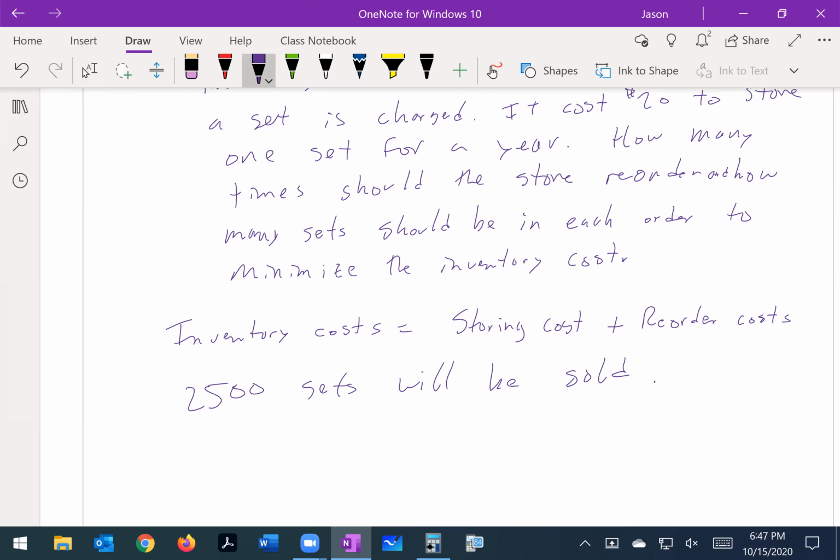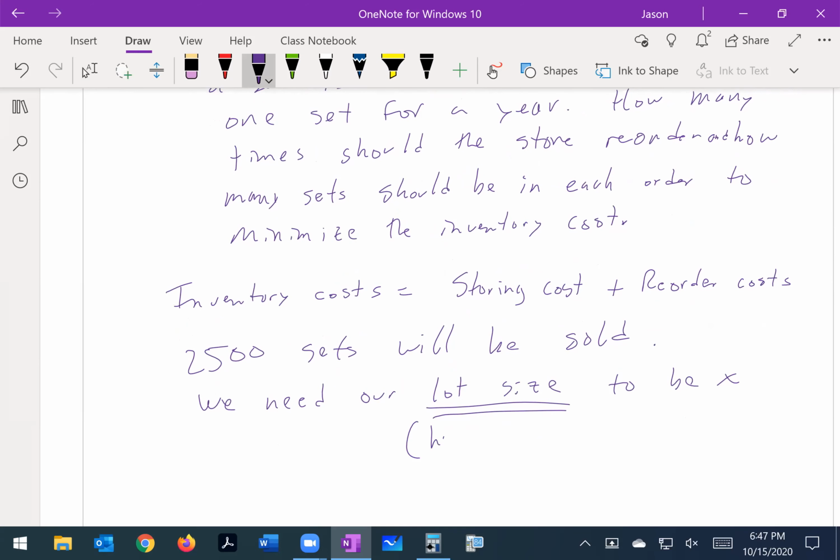We need our lot size, to be X. This lot size is how many in each order? That's what we really want to know. How many in each order, and how many orders?